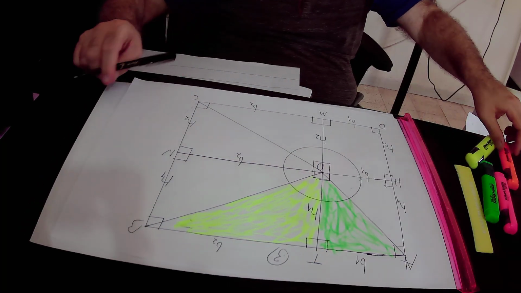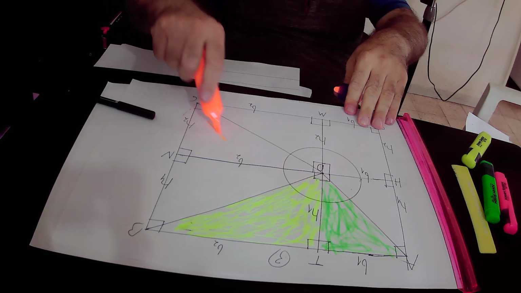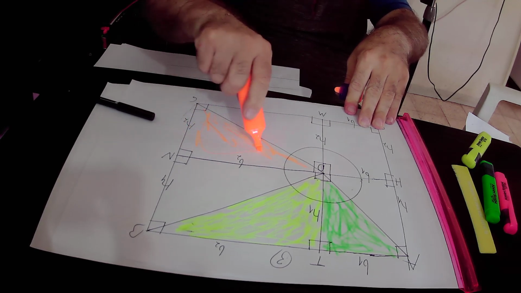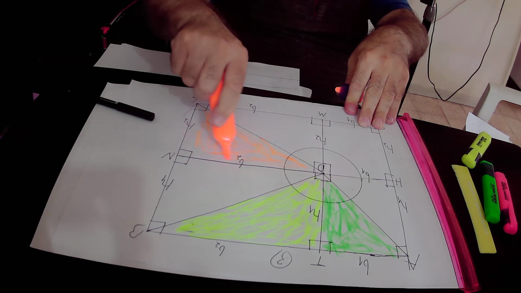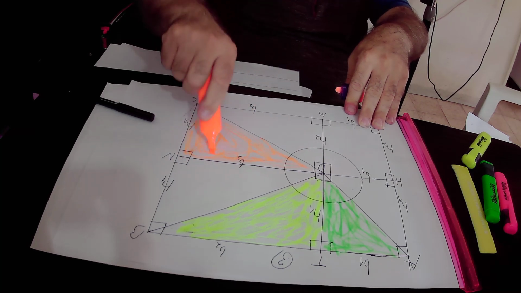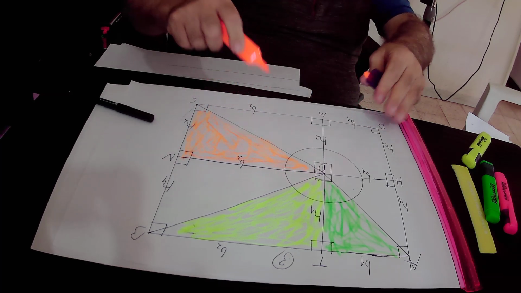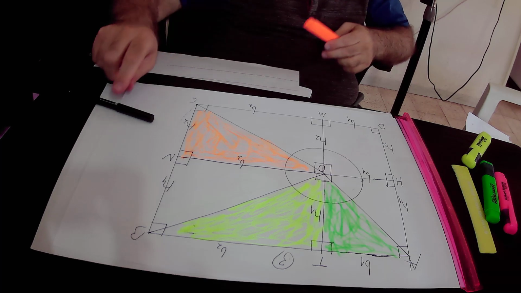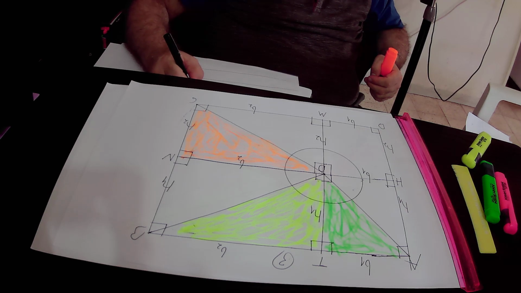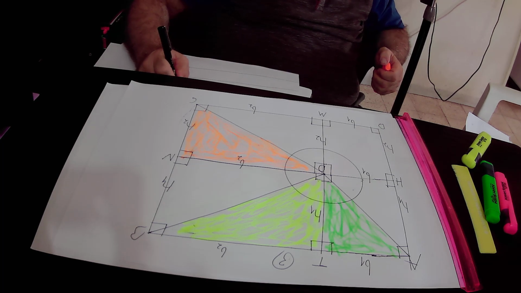And we'll implement the Pythagoras theorem on the right orange triangle OCN. In the right orange triangle OCN, according to the Pythagoras theorem, we get that CO square equals B2 square plus H2 square.